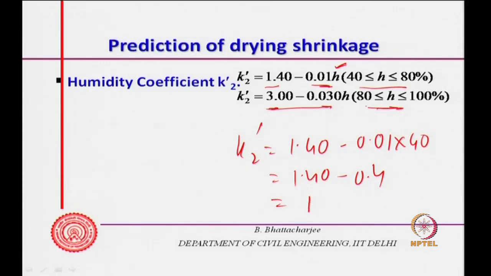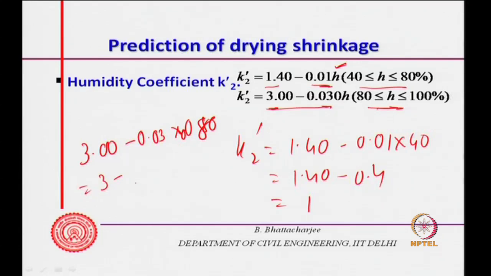And if it is 80, in this formula, let us put it. So, 3.00 minus 0.03 into, let us say, 0.8 or 80. So, this is for 80, you can find out from this formula also. So, from this formula, if I find out, I get 3 minus 80 into 0.03.